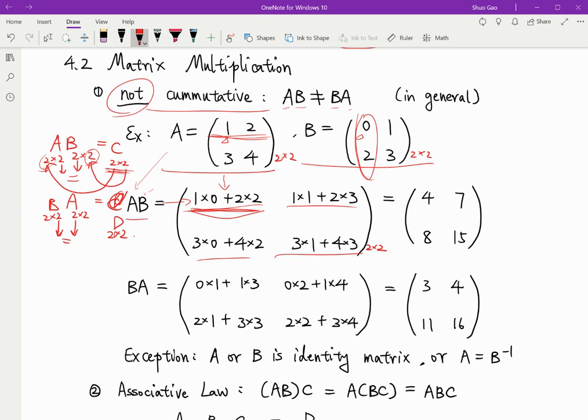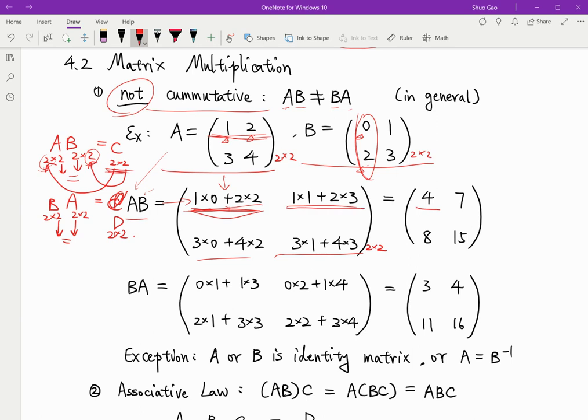So here, this is 1 times 0, the first element here and the first element here, and then plus 2 times 2, the second element in the row here and the second element in the column here. And then this is 4, which is the first element of the resulting matrix.